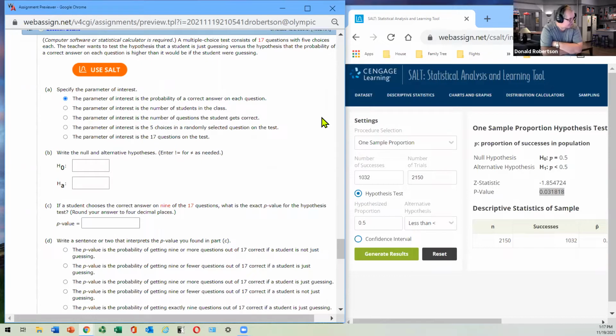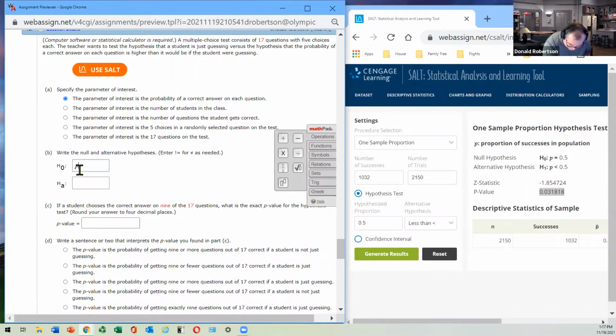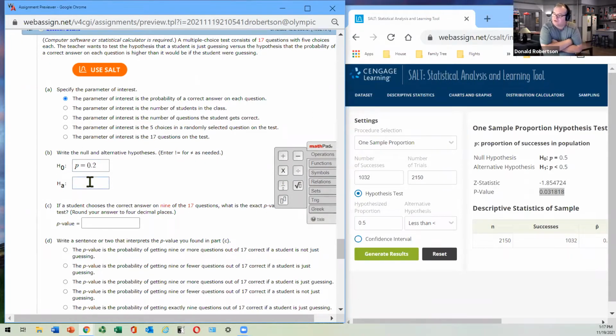Now, since this question has 5 choices, if you were guessing, wouldn't P be 1/5, which is 0.2? What would the alternate be if you weren't guessing?